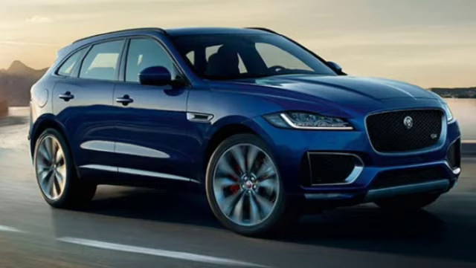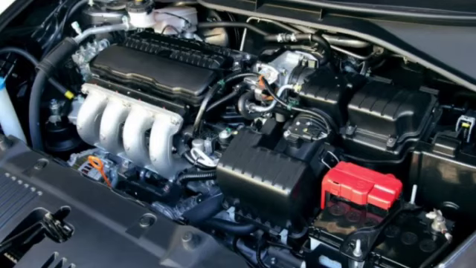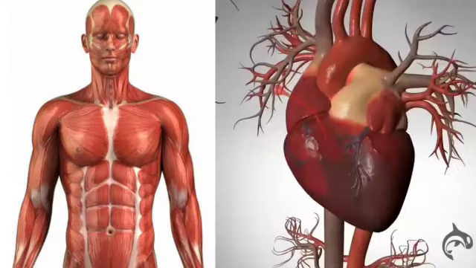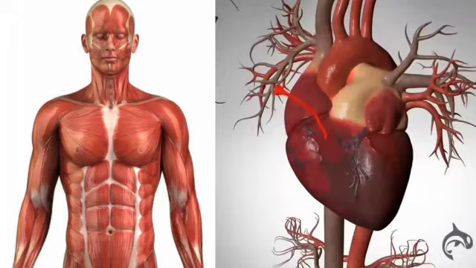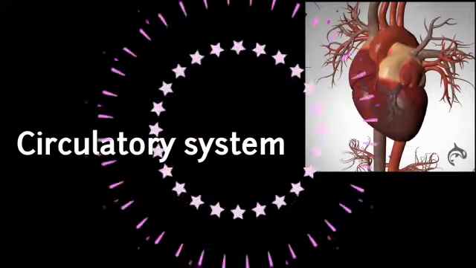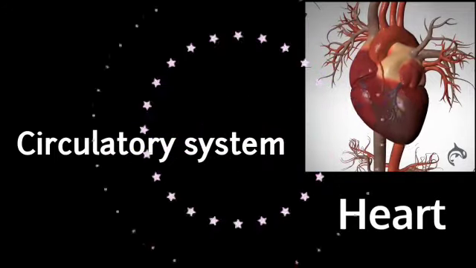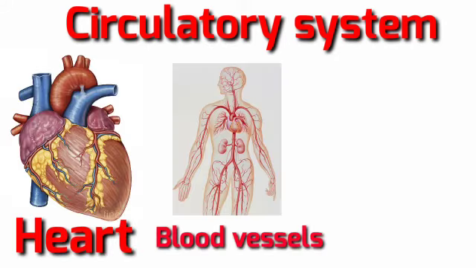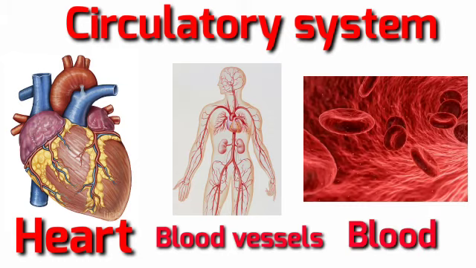Just as a car cannot work without its engine, our body cannot work without the heart. So let's learn about our circulatory system, which includes the heart. The circulatory system consists of the heart, the blood vessels, and the blood.